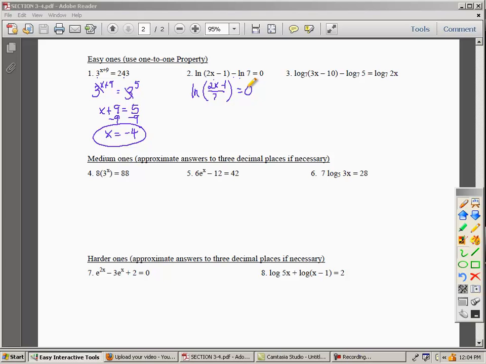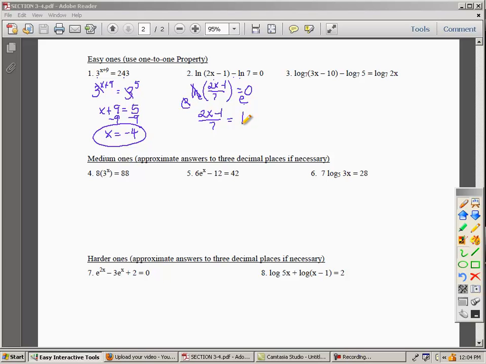I'm going to show you the exponentiate. This is a base of e. What that means, in order to cancel it out, is I'm going to take e to this side and e to this side. What happens then is these will cancel out, so I'm left with (2x minus 1) all over 7, and anything to the 0 power is always 1.